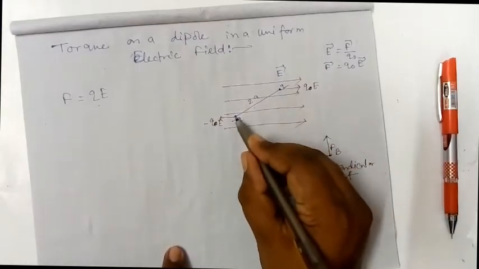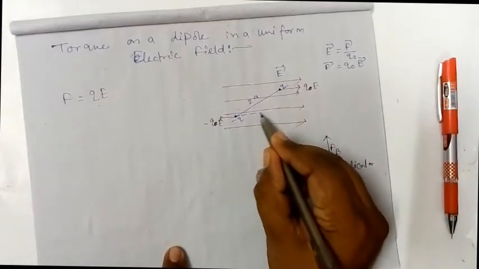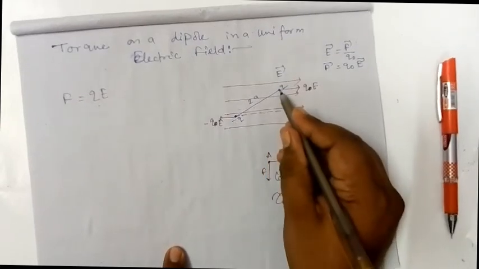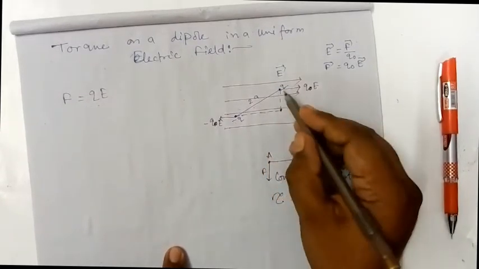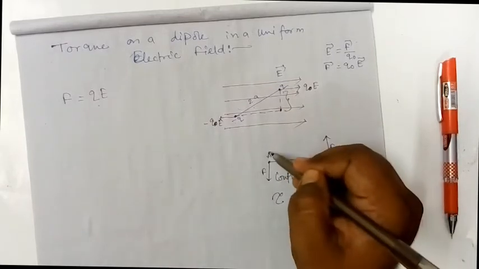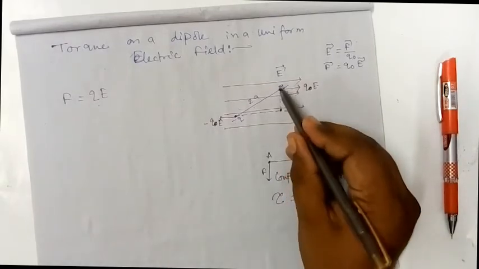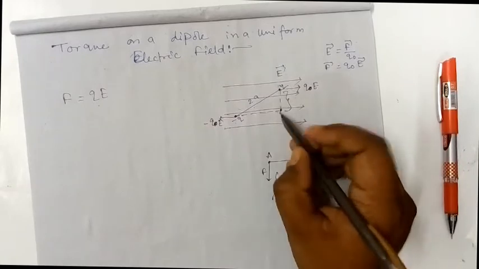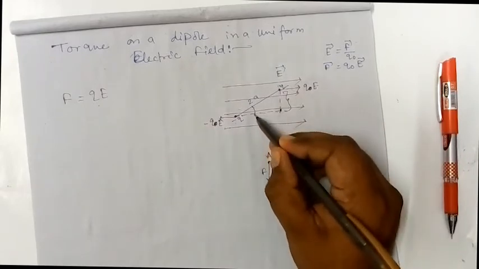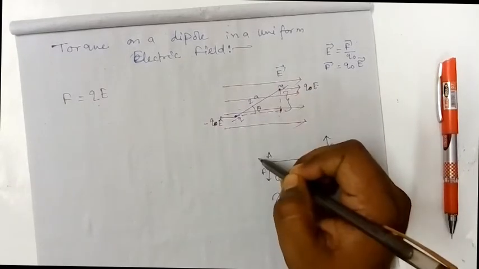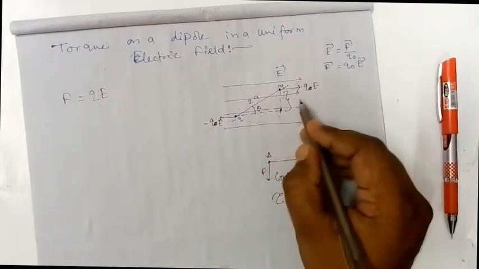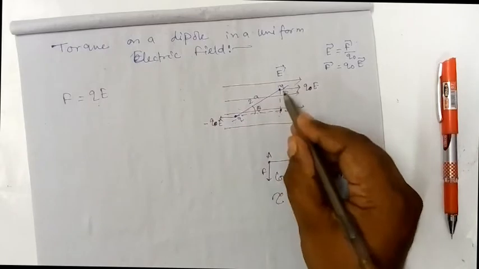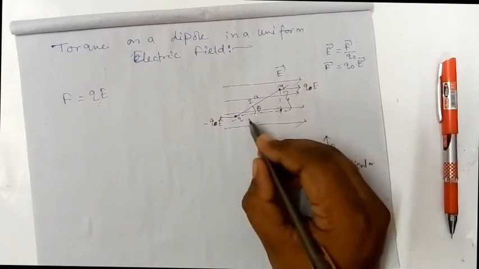How do we find the perpendicular distance? Let's draw two straight lines, and they will meet at one point here. This distance will be known as the perpendicular distance between the two charges. If this angle is theta, that means the dipole makes the angle theta with the electric field, then we have to find this distance.